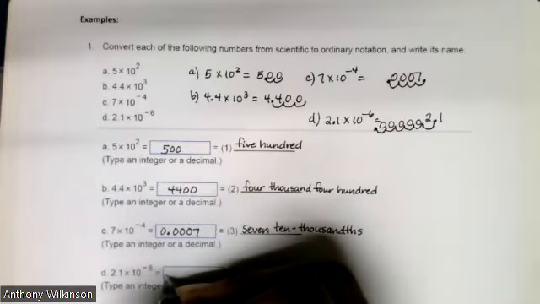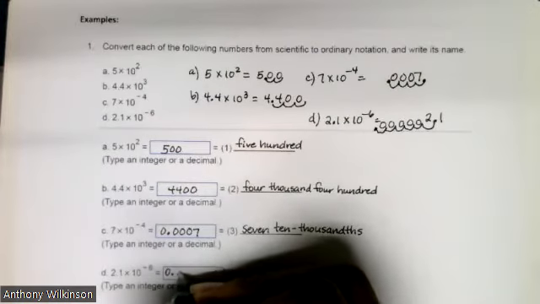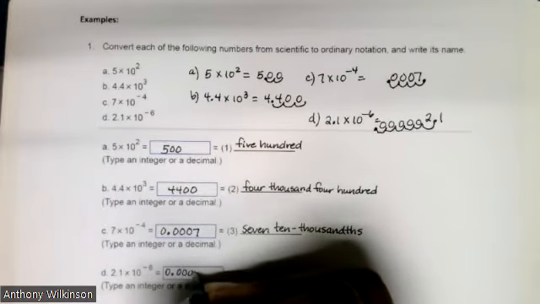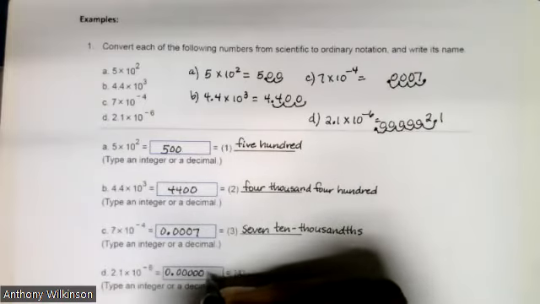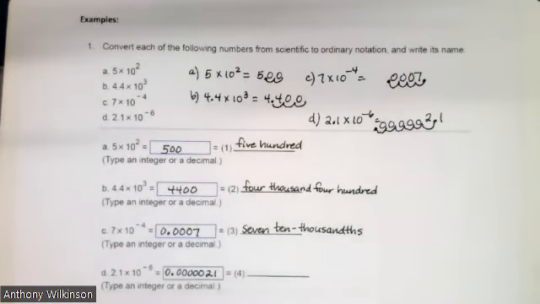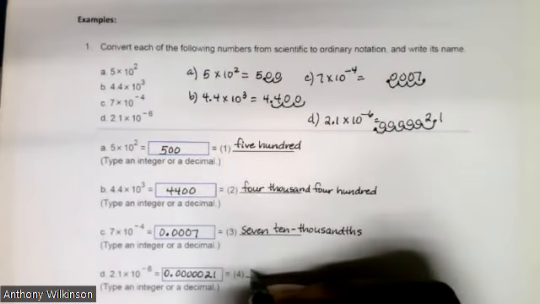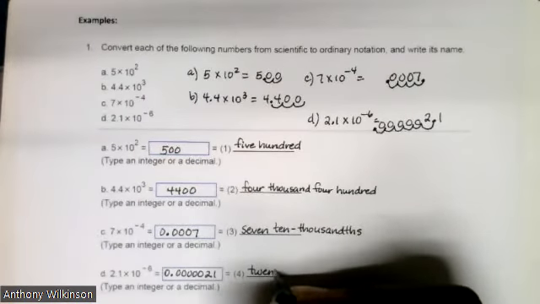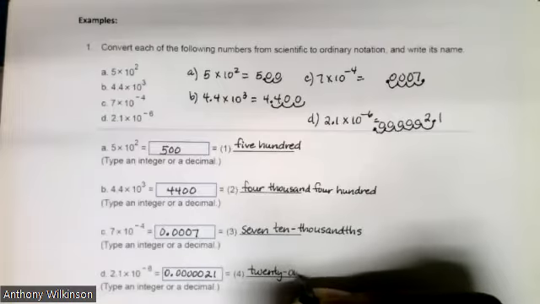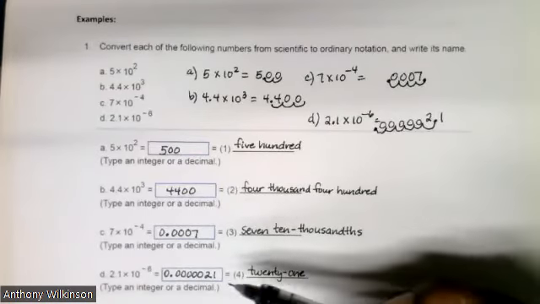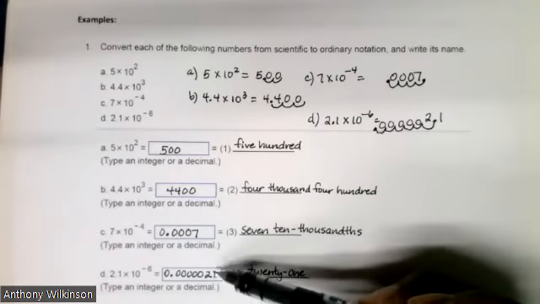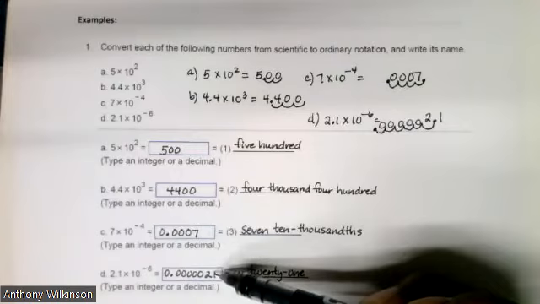So 2.1 times 10 to the negative 6 will be 0.00000021. Now, the way we read this, we're going to read it as 21 with the place value position of the last digit as its name.